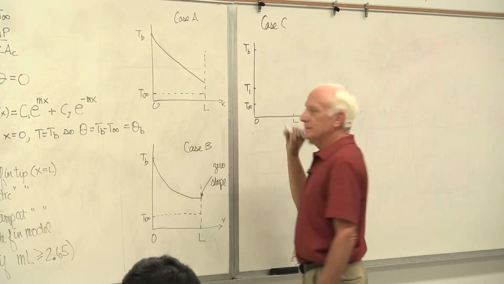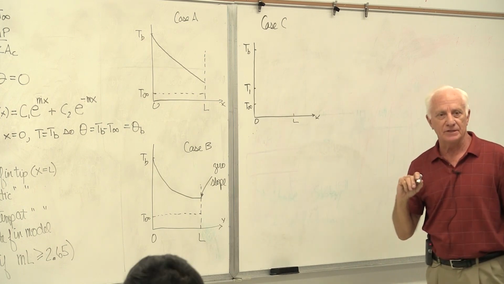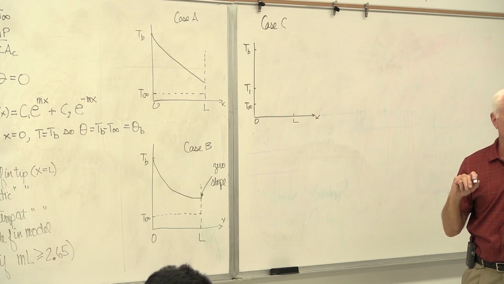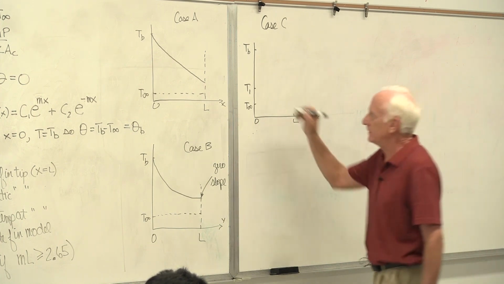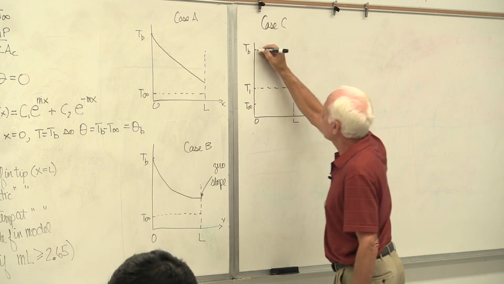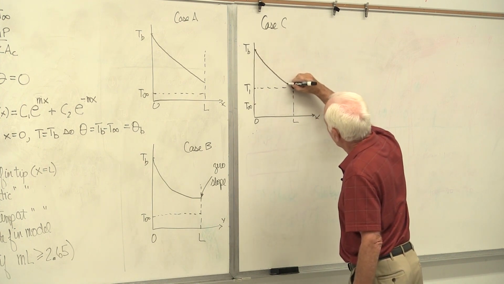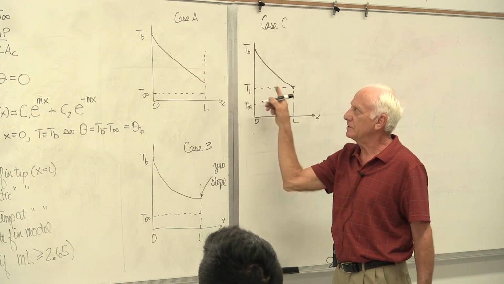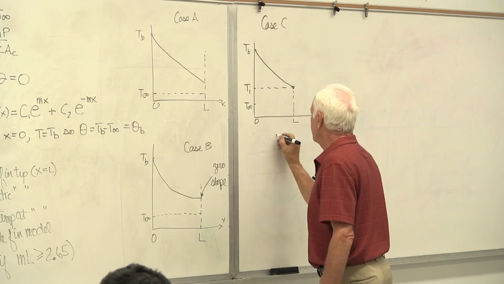I tell you, the tip of the fin is kept at 100 degrees C. I tell you, it's given, the temperature at the tip of the fin. Looks something like convection. They're very similar. And now I do case D.